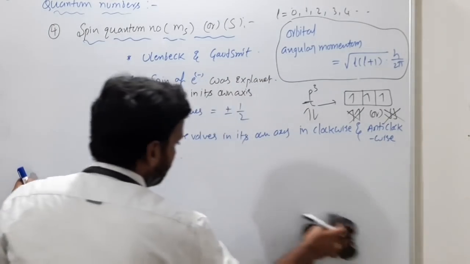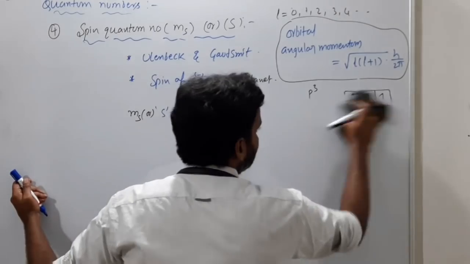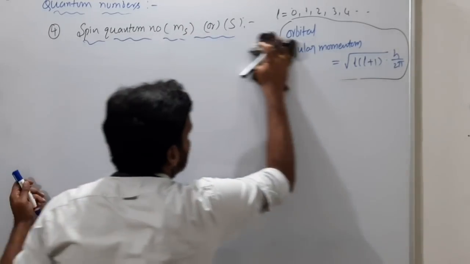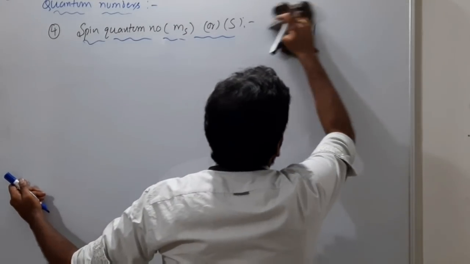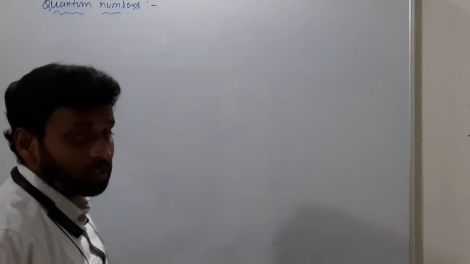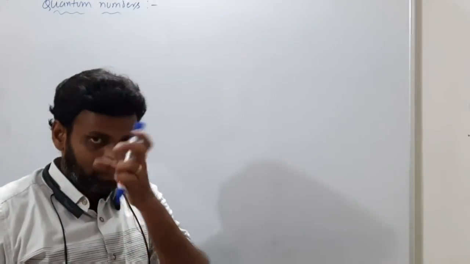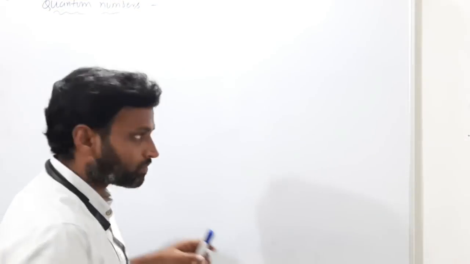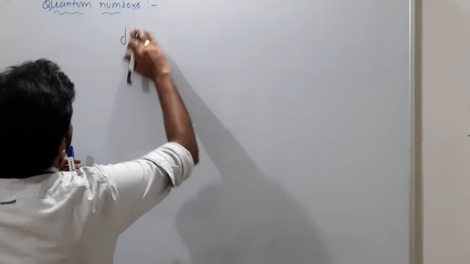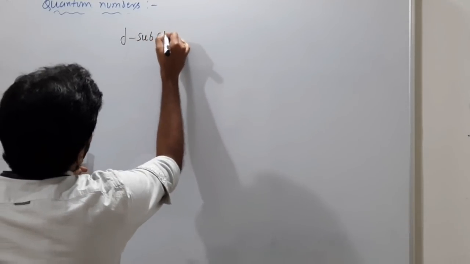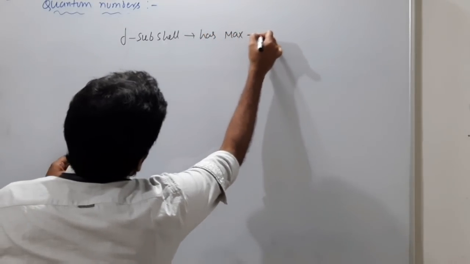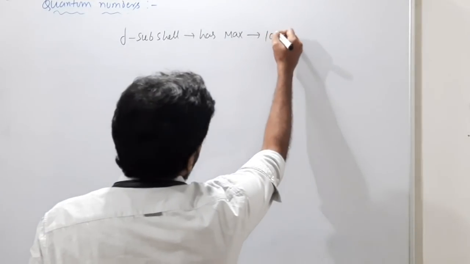So we discussed all 4 quantum numbers, correct? Next we will discuss whether a set of 4 quantum numbers for a particular electron is correct or wrong. And one more thing I forgot. Suppose a D subshell is given. The D subshell has a maximum of how many electrons? 10 electrons.